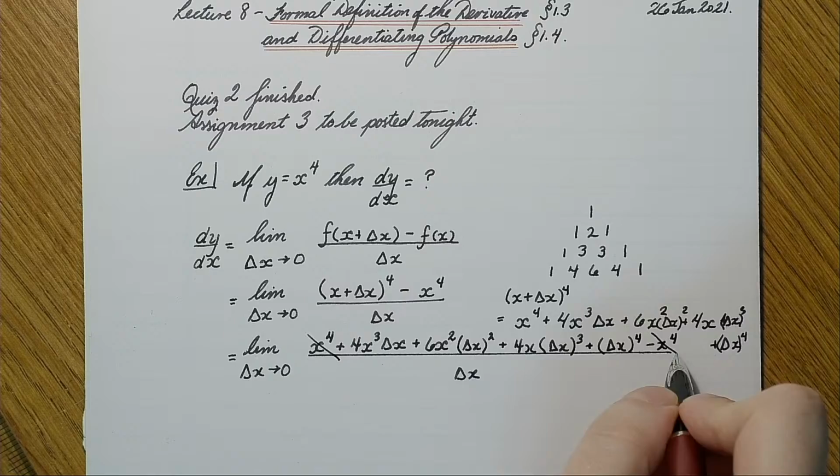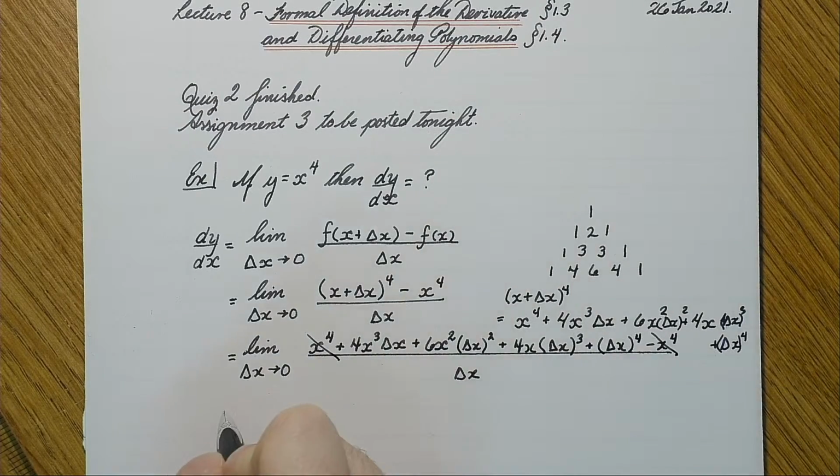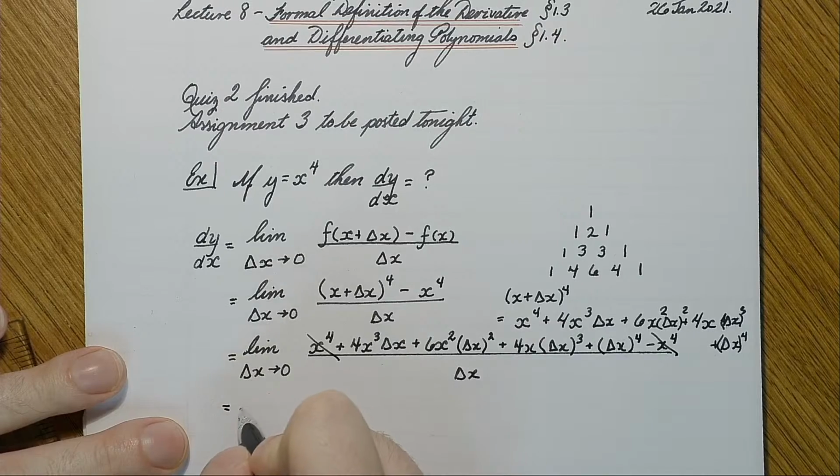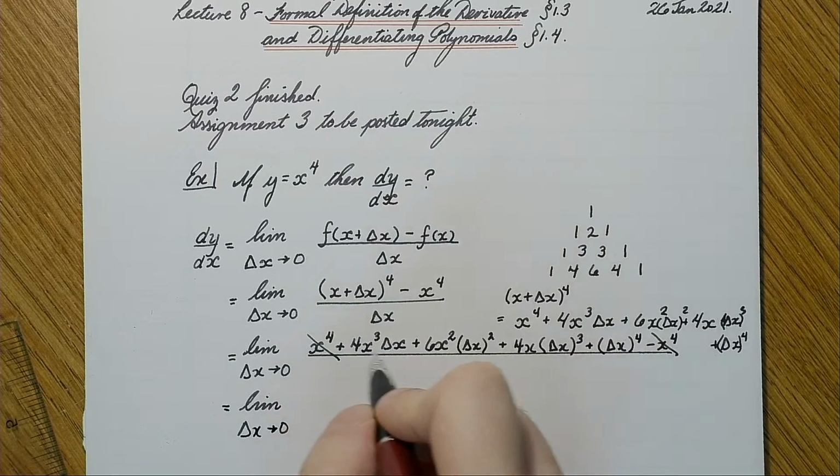So that can cancel because I have an x to the fourth and the minus x to the fourth. And then I can factor out the delta x's here.